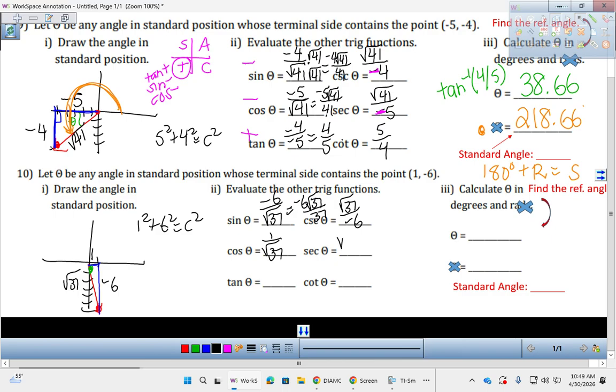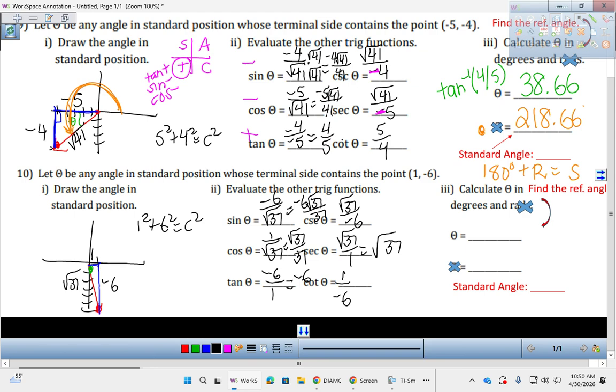And if I flip that, I get root 37 over 1, which is really just root 37. If I rationalize this, I get root 37 over 37. And then tangent is opposite over adjacent, which you can just write as -6. If I flip that, I get 1 over -6. Right, all of that's coming from the two sides of the triangle. The two sides of the triangle are coming from the point.